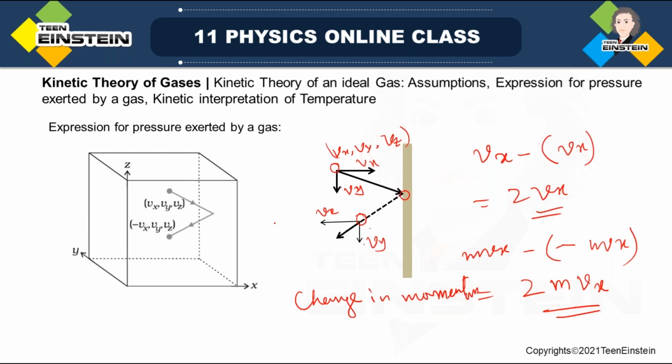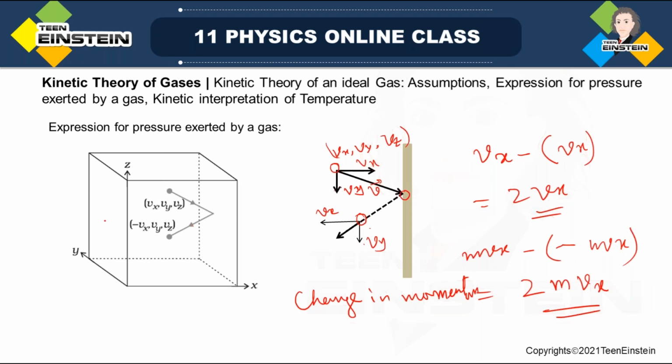If you don't understand, let me tell you once again. Gas molecules initially come in this direction, and if I break the velocity vector, I have both x component and y component.